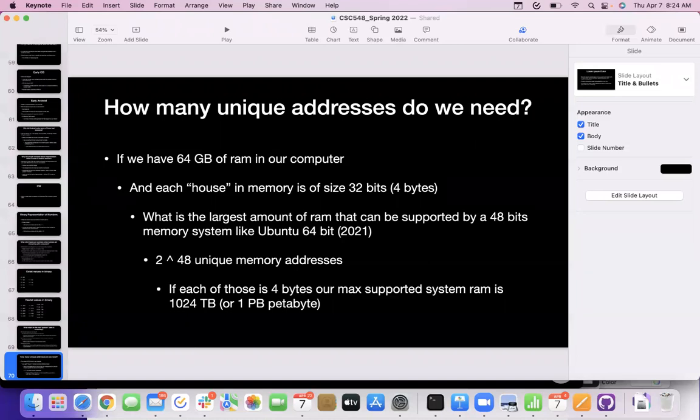With 64 gigabytes of memory, we want to think about how we address that. When we say address something, we're really asking how you uniquely describe one place in memory from another place in memory. I like to think about this like our houses. If you live in a neighborhood and need to tell somebody where your house is, so they arrive at your house and not your neighbor's, we have an address, like 123 Elm Street, and a zip code.